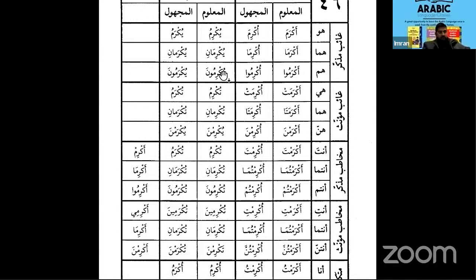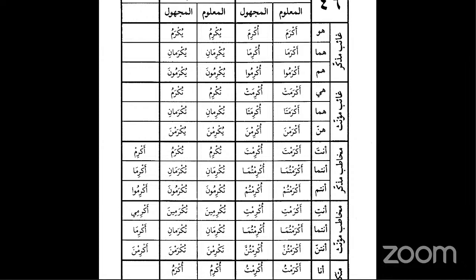Go ahead now, sister, conjugate. Huwa yukrimu, huma yukrimani, hum yukrimuna. Hiya tukrimu, huma tukrimani, hunna yukrimna. Anta tukrimu, antuma tukrimani, antum tukrimuna.